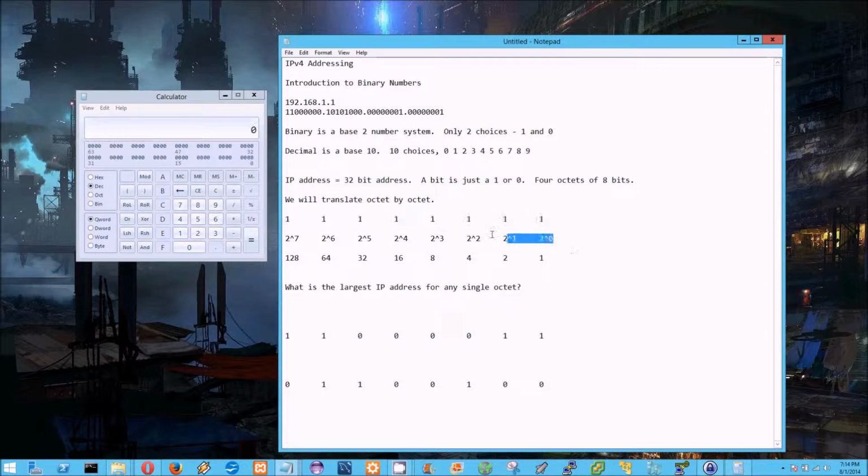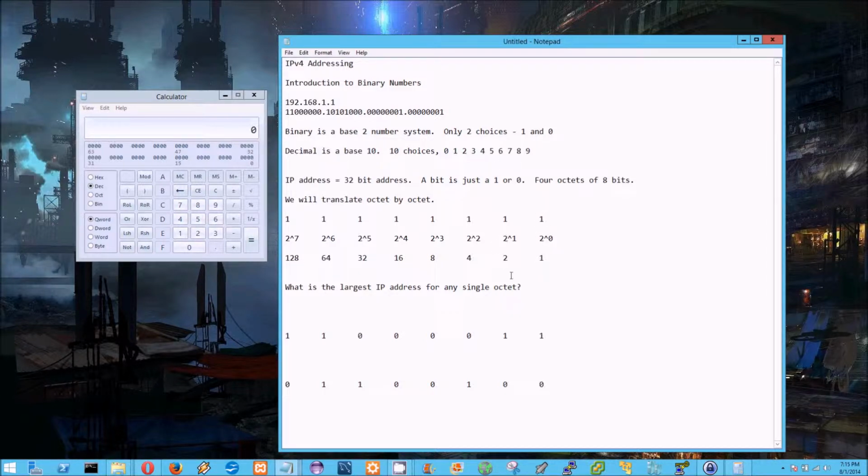And this is how we translate that octet into decimal. You see these are all 2's. Well, it's a base 2. So you take 2 and you raise it to the power of the place. Now remember, this is with computers, and most computer things start with 0 and not 1. That's why you have 0 here and not 1. But if you do the math, 2 to the 0 is 1.